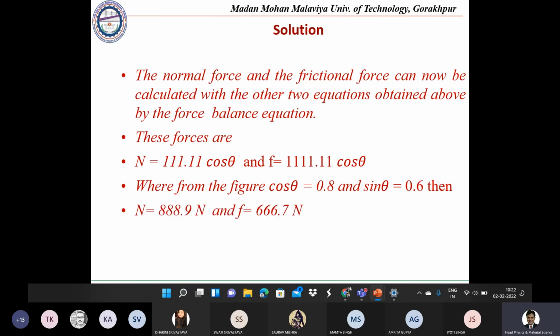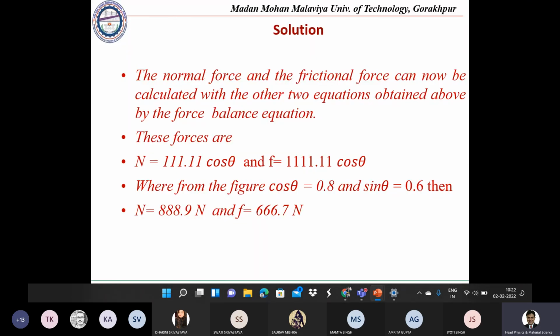And finally we'll have N is equal to 888.9 Newton and F is equal to 666.7 Newton.